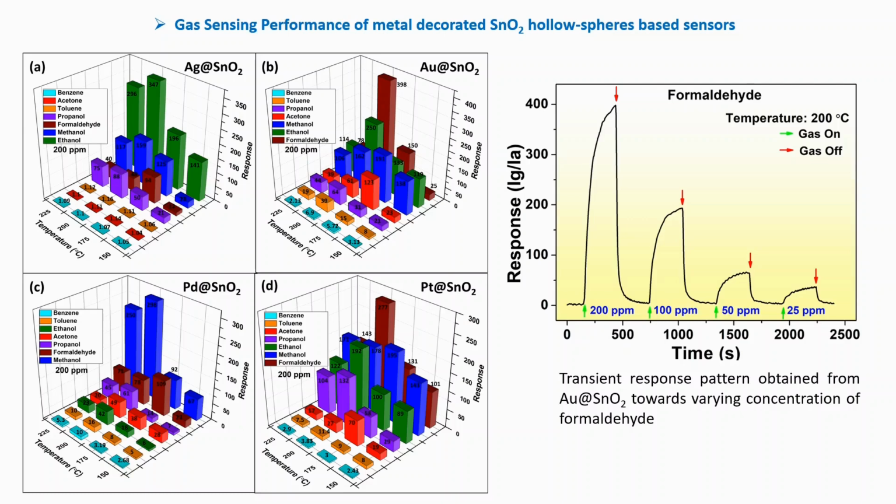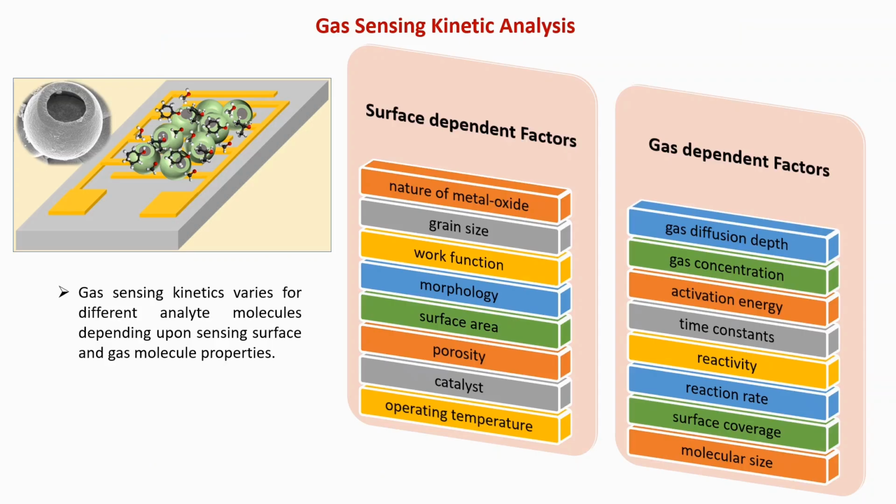It eventually saturates, and as we turn off the gas, it falls down, meaning it recovers completely to the baseline. These transient patterns were further utilized to extract the kinetic parameters, using the different surface dependent factors and gas dependent factors that are very crucial for the kinetic analysis.